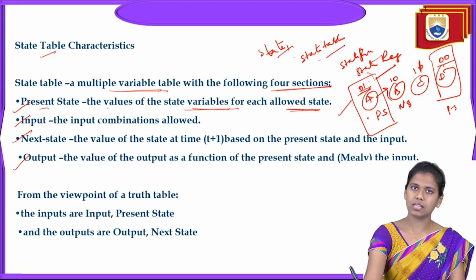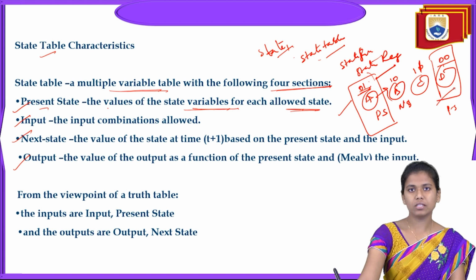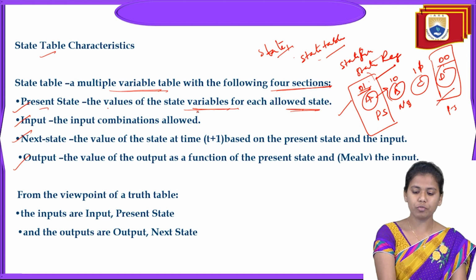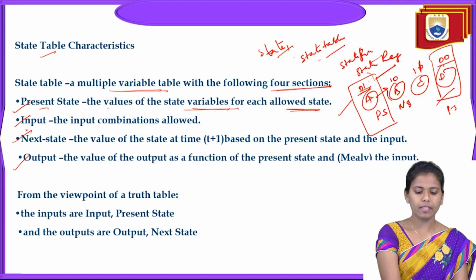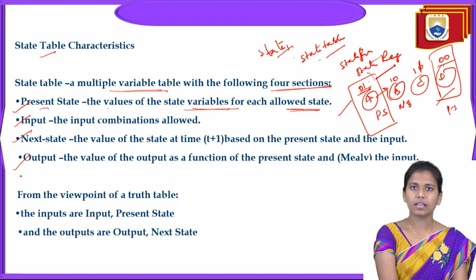Sometimes I may take one state as the present state, and in the next scenario I can take D. That's why we say the values of a state variable for each allowed state.